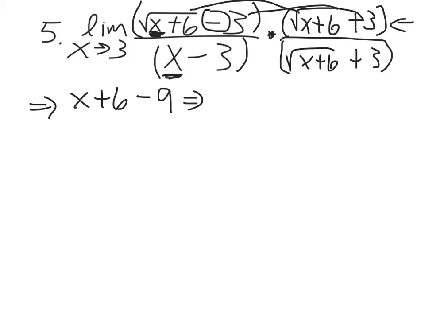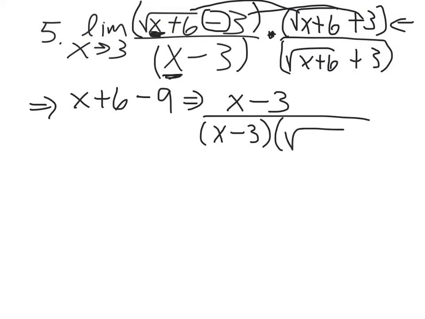Don't forget about all this in the denominator. But the numerator would simplify to x minus 3. In the denominator we have x minus 3 times the square root. Well, as with almost all of our limit problems, we'll be able to cancel something, and this time we're left with 1 in the top.